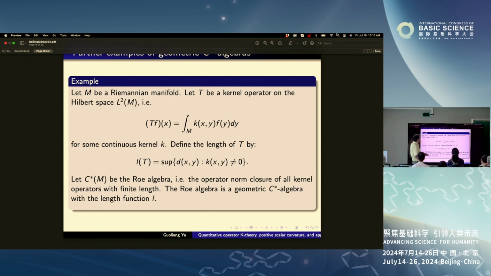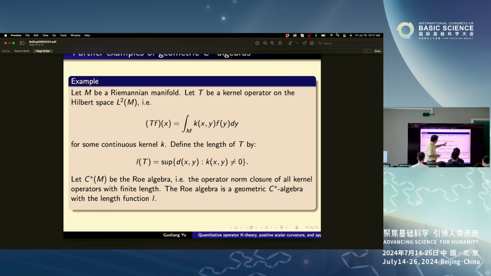Here is actually another algebra we need to solve that problem. Because to measure the dimension of the kernel, things like this, all the projections near spectrum zero can be expressed using operators like this. If you have a Riemannian manifold, you look at the L2 space of the manifold, with some coefficient in a vector bundle, but I'm ignoring this because it's really just similar. So the most natural operator we can consider is a so-called kernel operator.